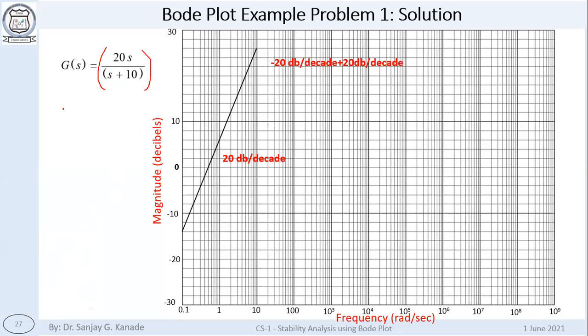We found the magnitude plot contributed by the three basic factors: the gain factor, s in numerator, and first order factor in denominator. But before that, we had to readjust the term s plus 10. We want it in time constant form, in the 1 plus sT form.